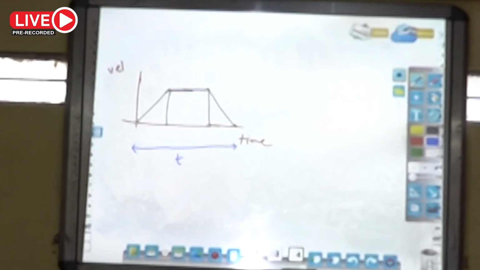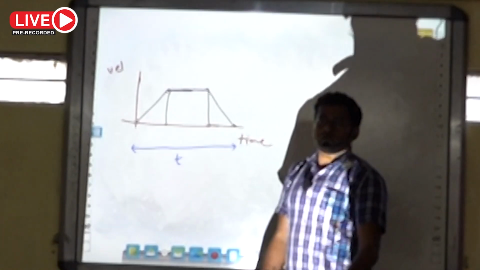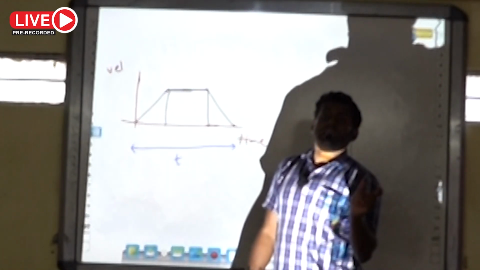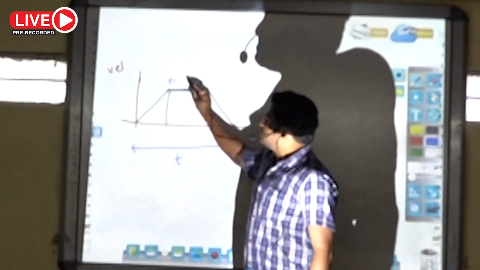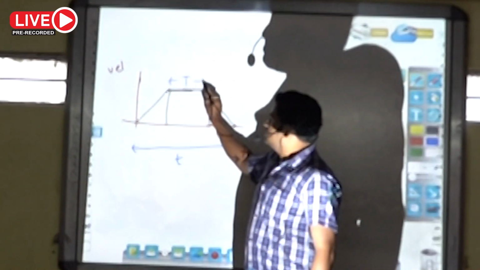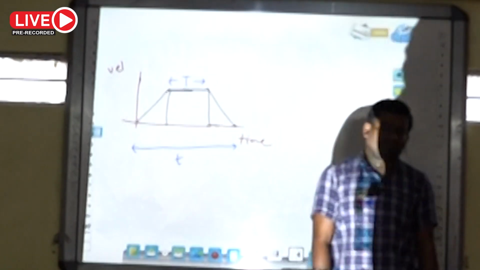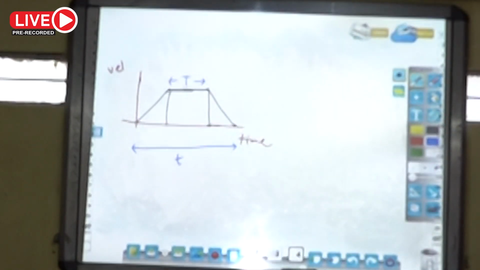Now, I consider that the time taken for maintaining uniform velocity is this much, and that is considered as capital T. Entire time is considered as small t. The time for uniform velocity is considered as capital T.